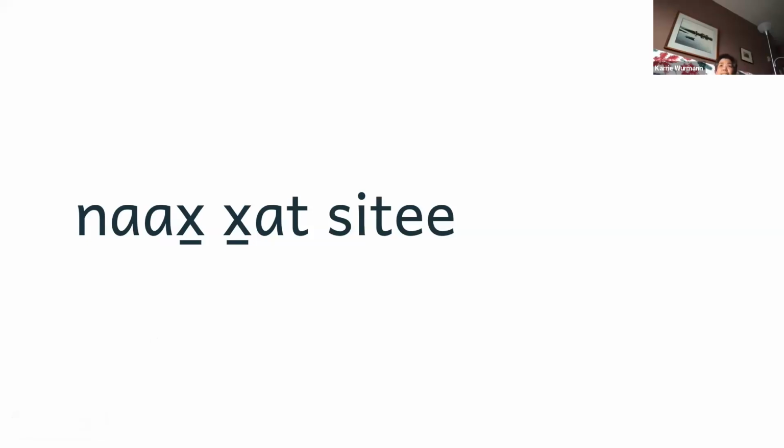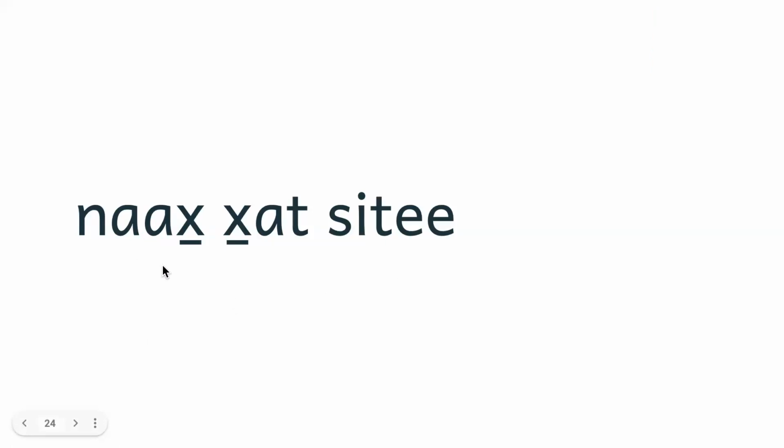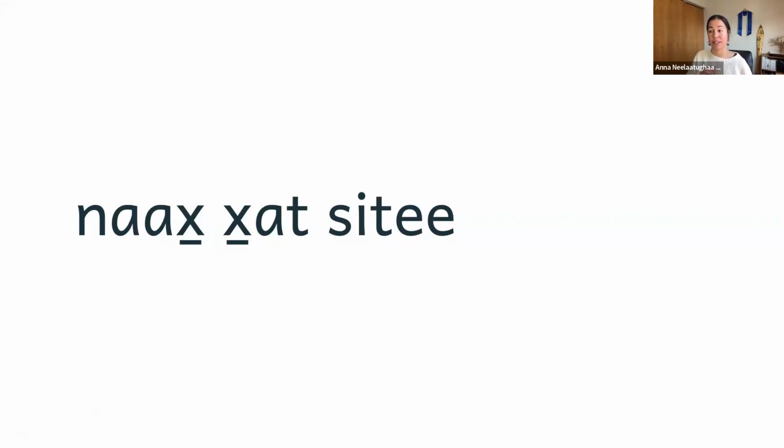What do you notice about the vowels in this phrase, in these three words? They're long. Some of them are long. They're all low. And so you might have noticed we sounded kind of monotone when we said it, and that's because they're all low.